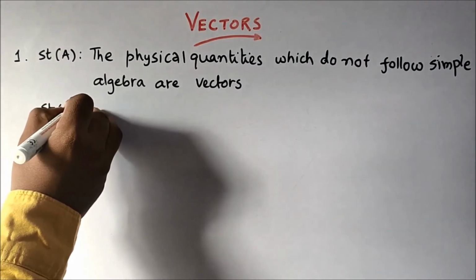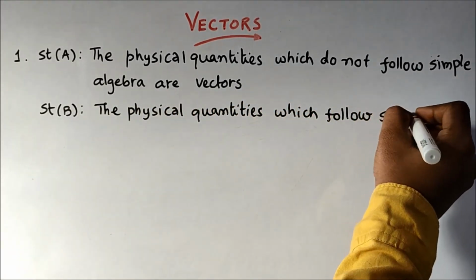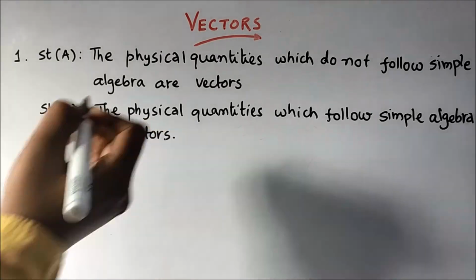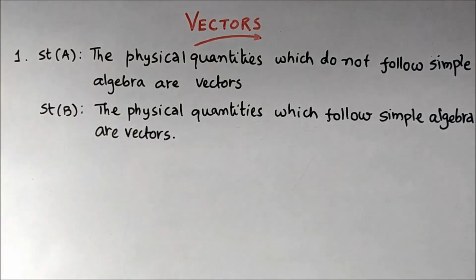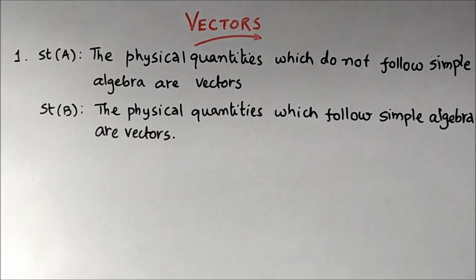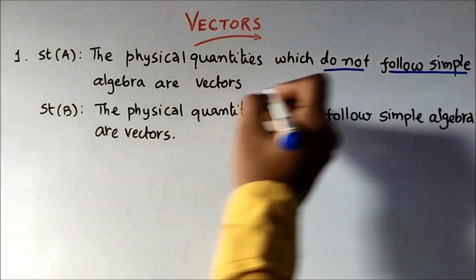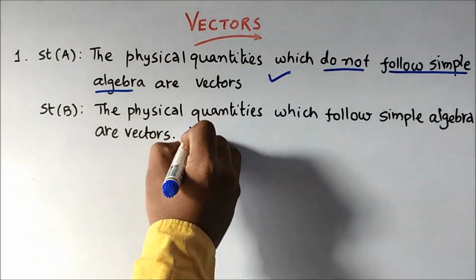Statement A says that the physical quantities which do not follow simple algebra are vectors. Statement B says that the physical quantities which follow simple algebra are vectors. So which one is correct? We have studied that vectors follow the vector law of addition, not simple algebra. So vectors do not follow simple algebra. Statement A is correct, statement B is wrong.